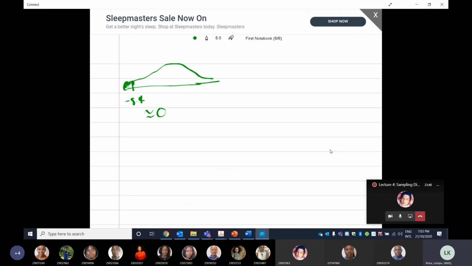So this area over here is approximately equal to 1. So that means that the probability that Z is less than 8.4 is approximately equal to 1.